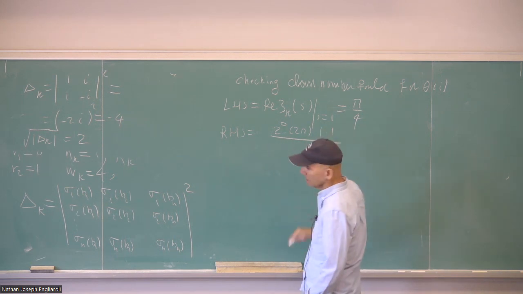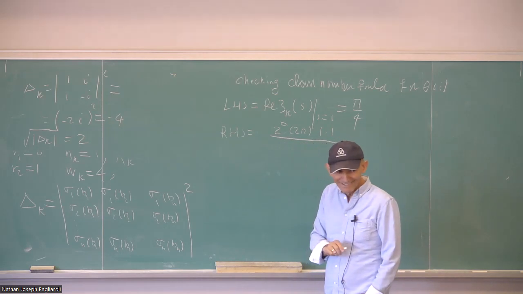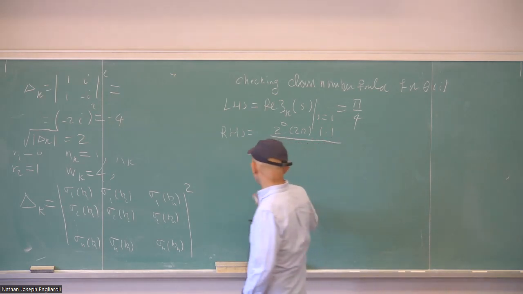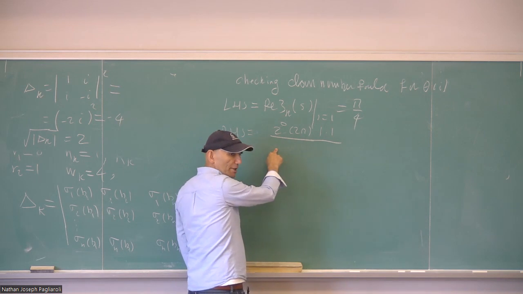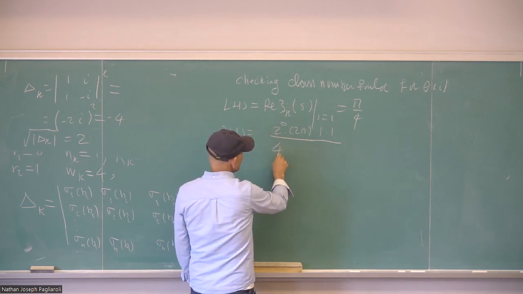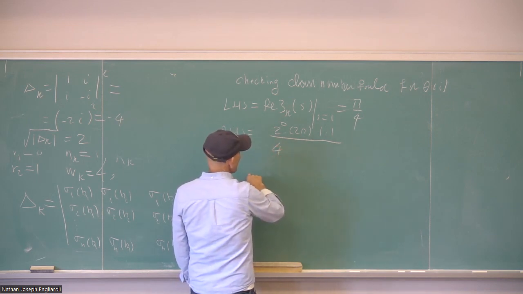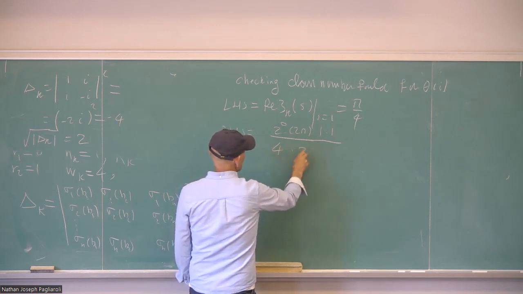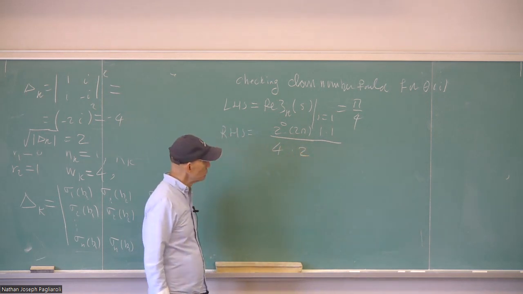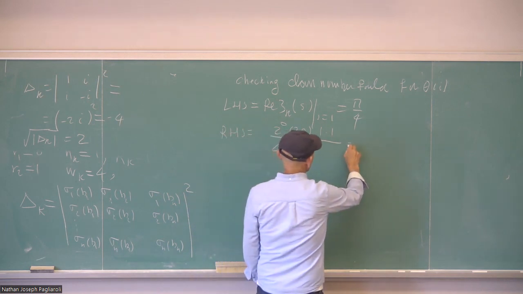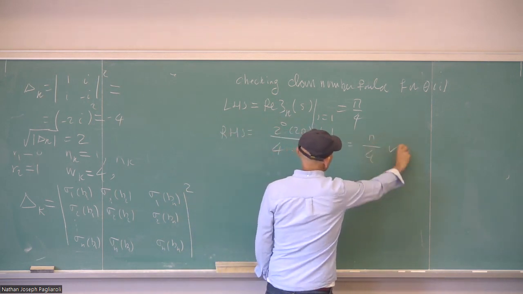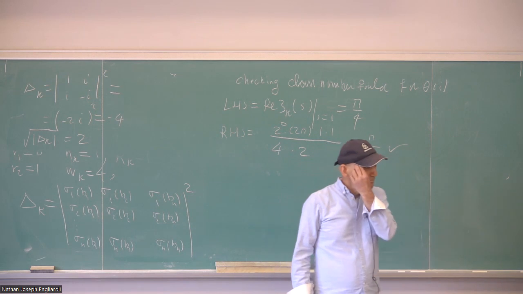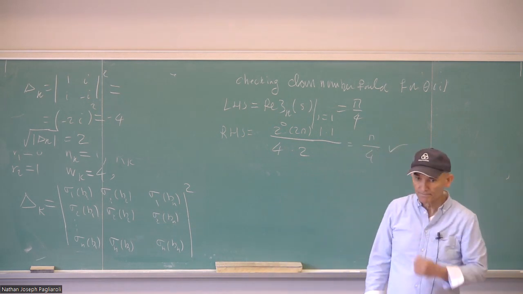You trust me in this regard. And then WK is 4. And what else? This one is 2. Okay, so this is pi over 4. So it checks.